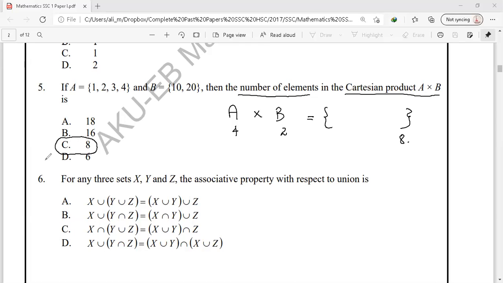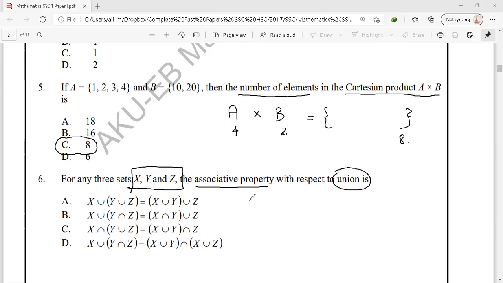So next we have our question number 6 from the same chapter, sets and functions, and we have three sets x, y, and z. Among those three sets, we have to identify the associative property with respect to union. So we know that in the associative property, when we have three or more sets, the order of their union doesn't matter.